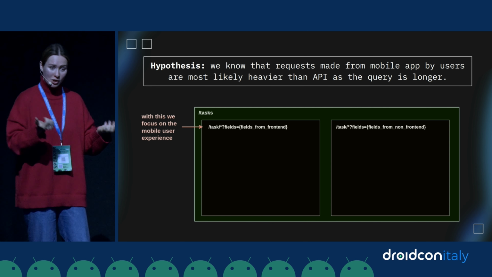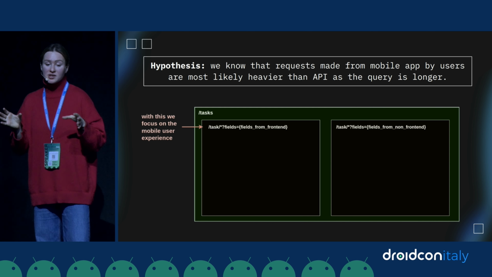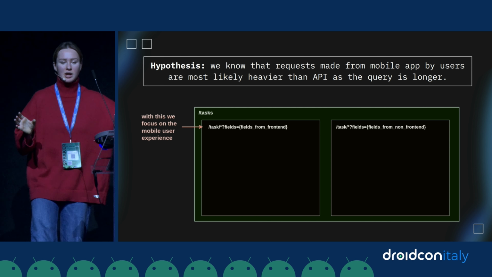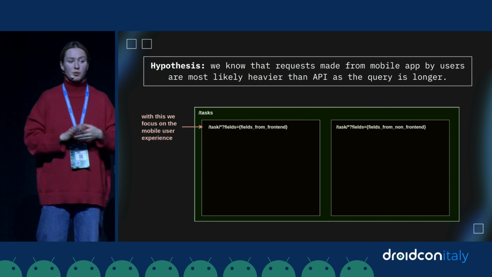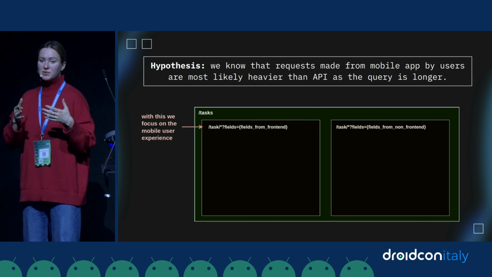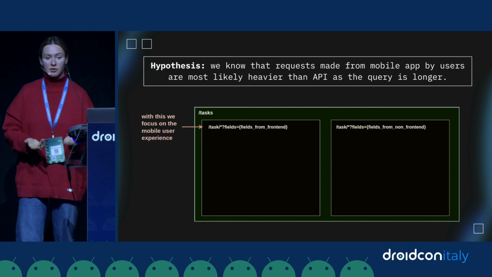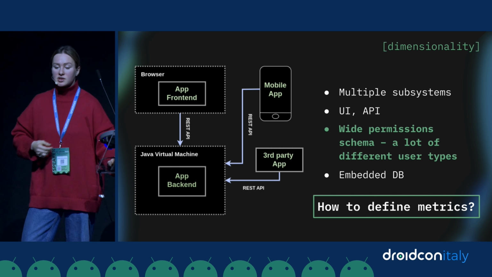So most likely we know which query we're requesting. So based on this hypothesis, we subsplit the main bucket into two more, one for mobile query, another one for any other queries. And if we want to track specific mobile perceived performance, then we're going to focus on the first bucket.